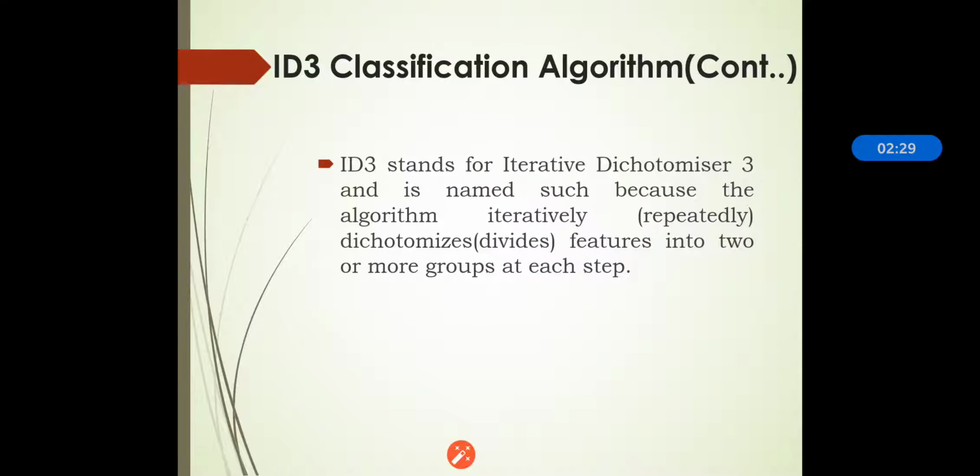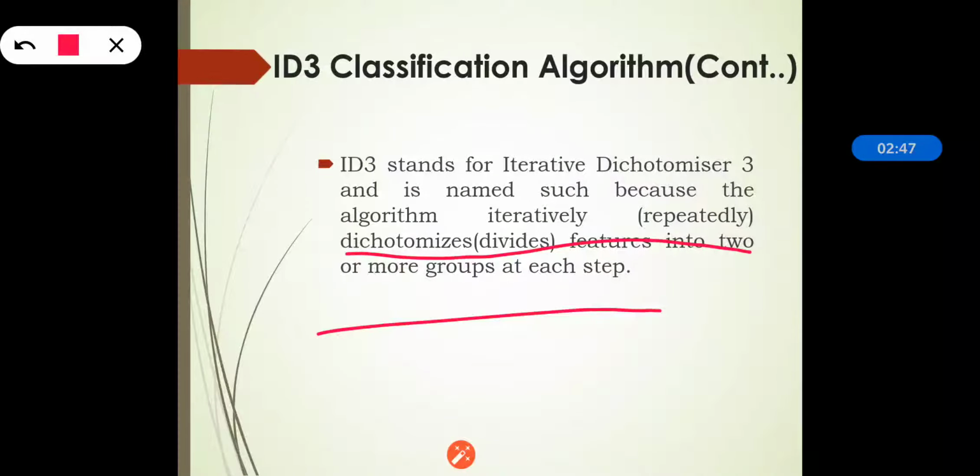ID3 stands for Iterative Dichotomiser 3, and it is named so because the algorithm iteratively, that is repeatedly, dichotomizes, means divides, the features into two or more groups at each step.